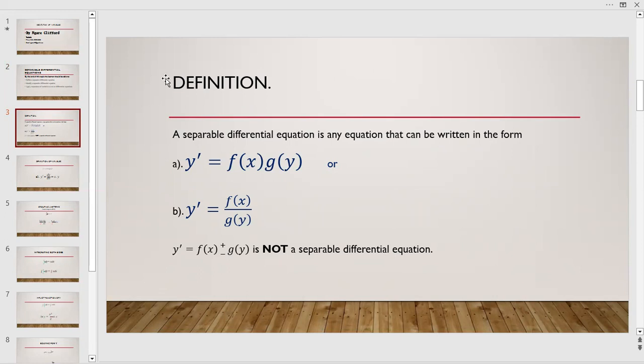A separable differential equation is any equation that can be written in the form y prime is equal to f of x times g of y, or y prime is equal to f of x over g of y. Yes, that is very true. That is the definition of a separable differential equation.